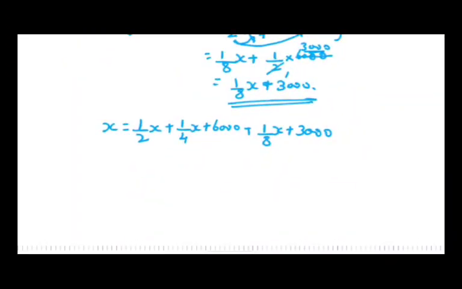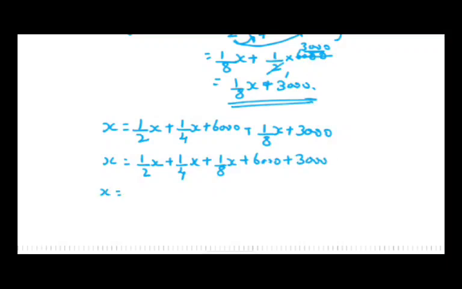So now let's add up all of them. I'm going to bring all the x's on one side: x equals 1/2x plus 1/4x plus 1/8x plus 6,000 plus 3,000.